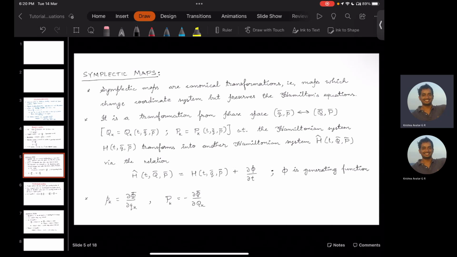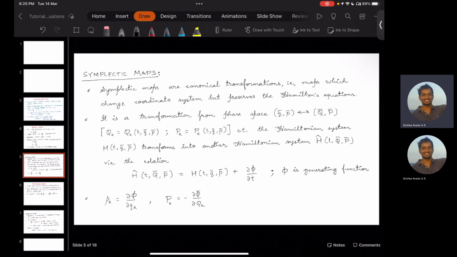So what we essentially require is phi, and we can deduce the generalized momenta in both phase spaces from our phi.